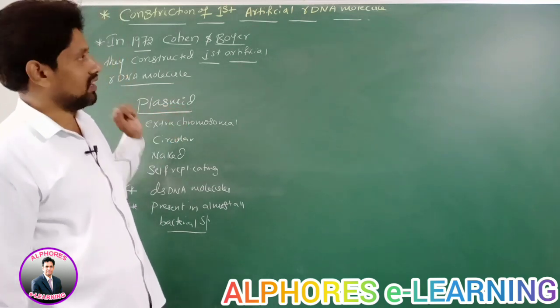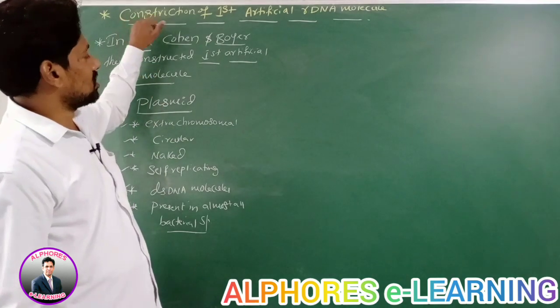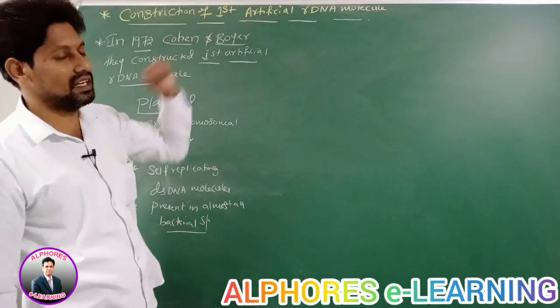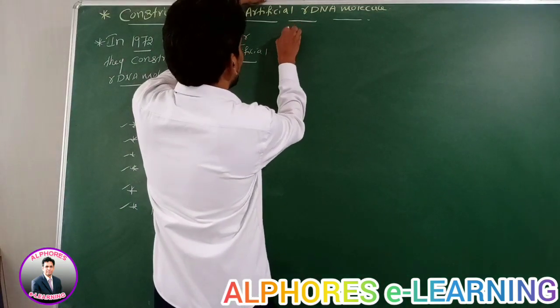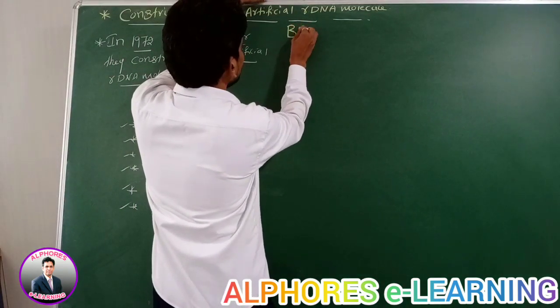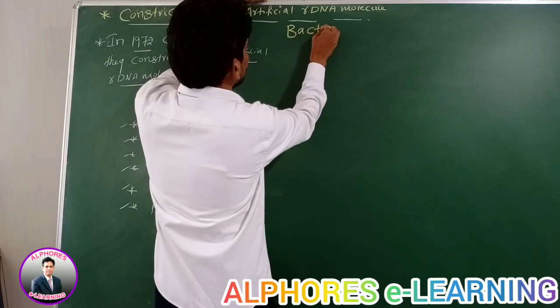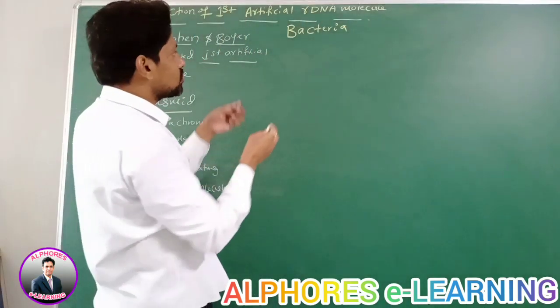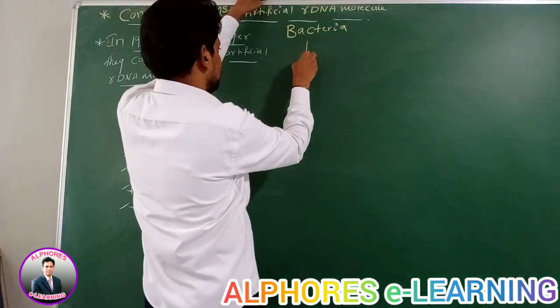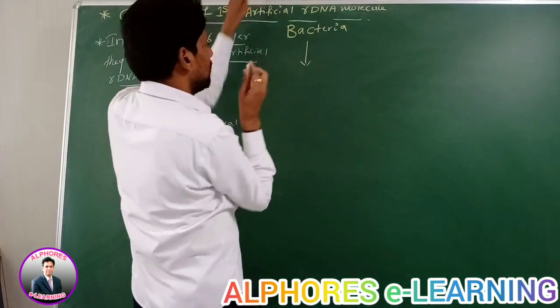Is it okay? Now we are seeing the construction of the first artificial rDNA molecule. Now see here, what Cohen and Boyer did: from a bacteria they isolated the plasmid. From where, sir? Bacteria.